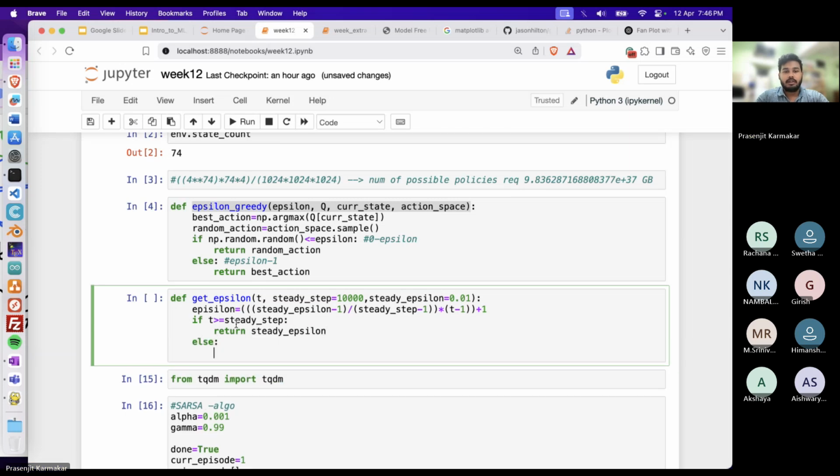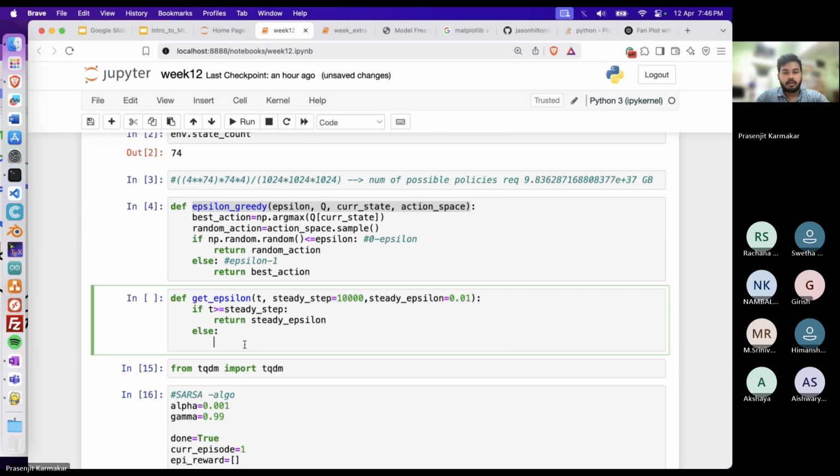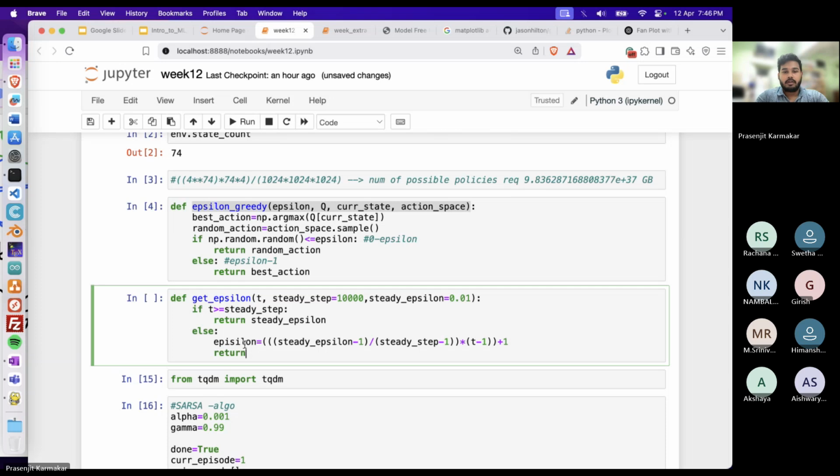Else return this epsilon. Epsilon, not epsilon greedy, epsilon. So this is basically the linear decay.